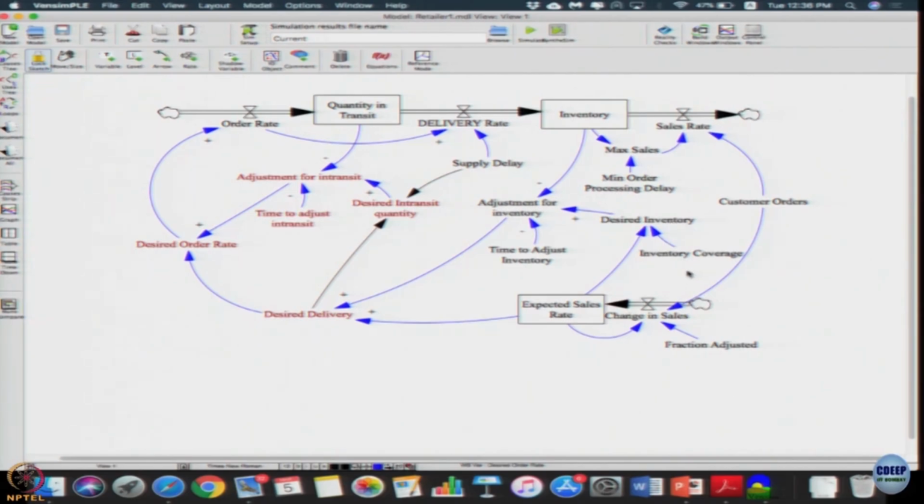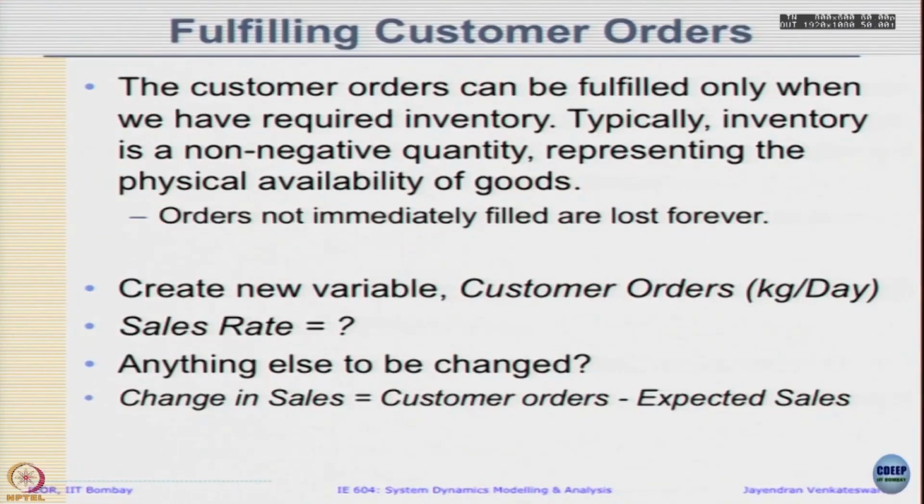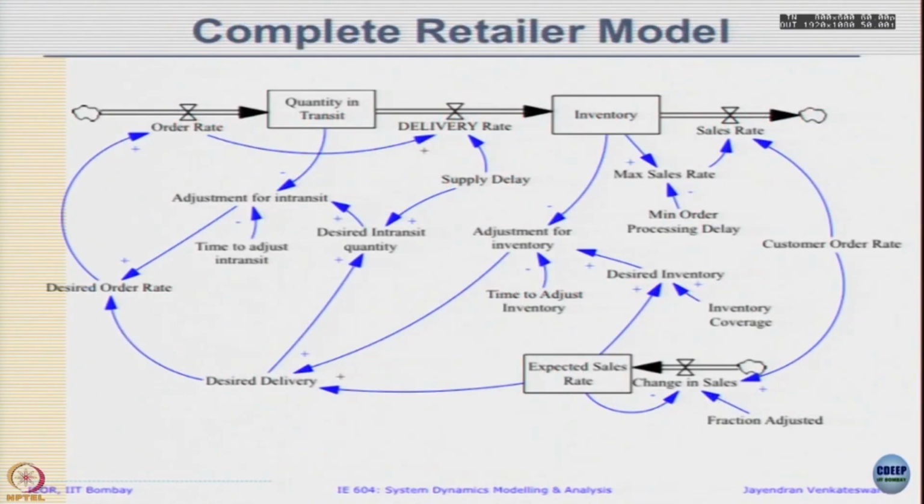We substituted that. So, we have only very few constants to start with: supply delays, inventory coverage, and time to adjust inventories and in transit, and customer orders, and the model is kind of set for a particular echelon or the retailer. So, this is the model that we have right now, the complete retailer model.